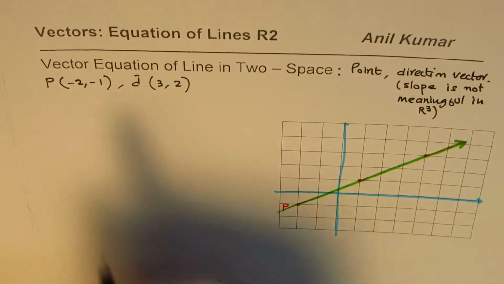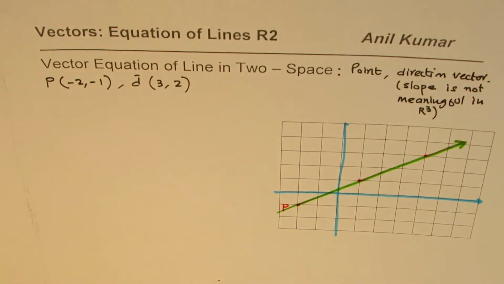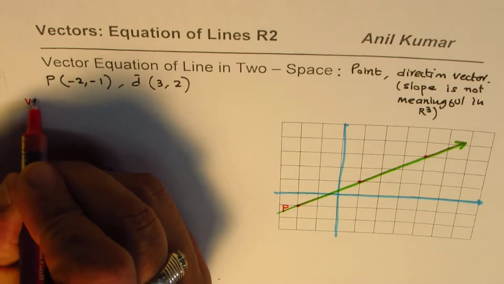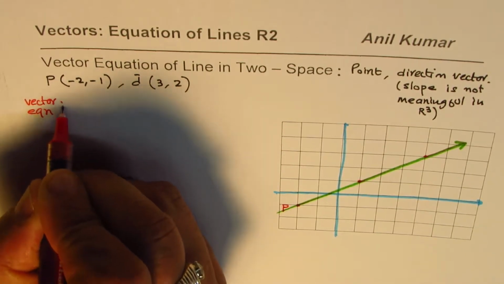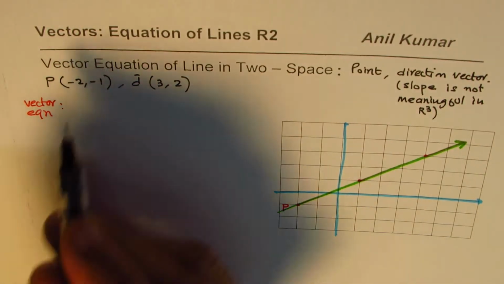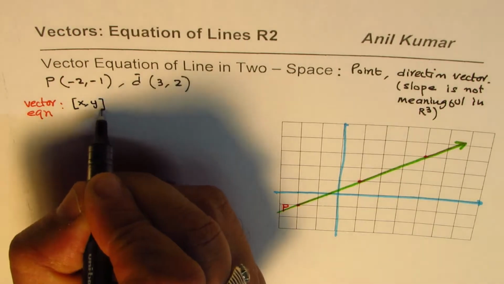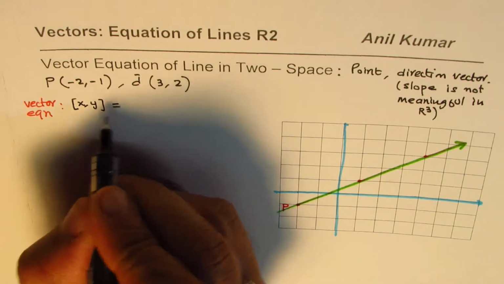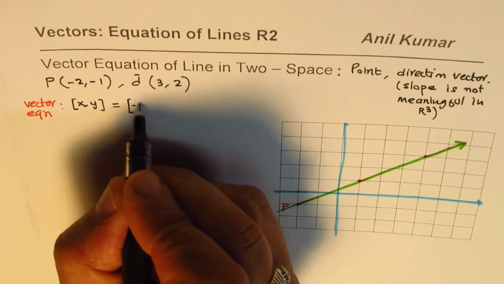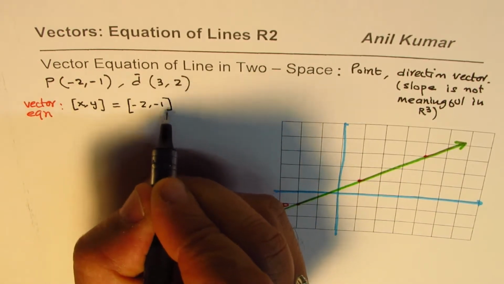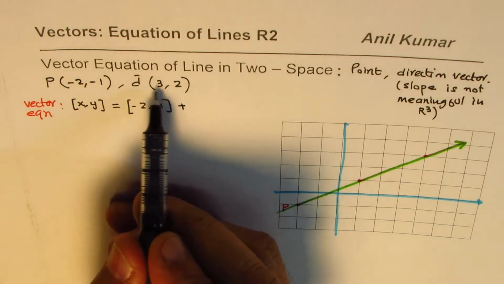Now once we have a point and a direction, we can always write the vector equation. So we'll begin with vector equation. The set of points on this line could be very easily found if we begin with point P, which was minus 2, minus 1, and add multiples of the direction.